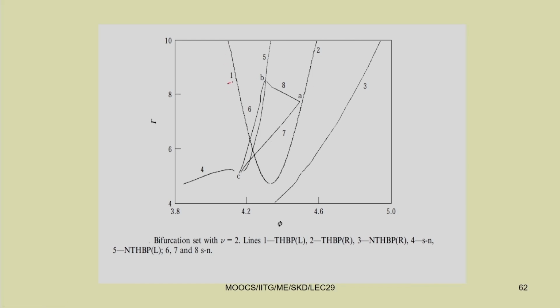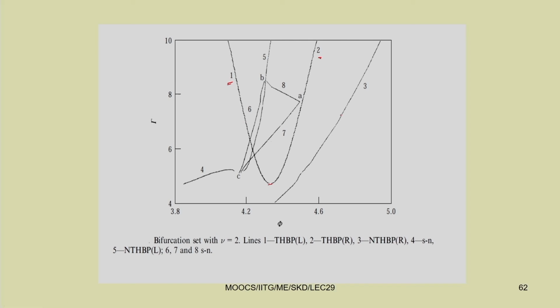Below these, the system is always stable. These 1 and 2 are the trivial Hopf bifurcation point to the left and the trivial Hopf bifurcation point to the right. So, this line shows the Hopf bifurcation point observed in the system.